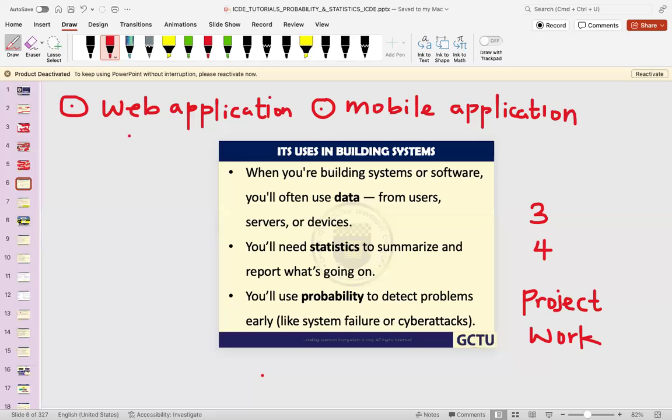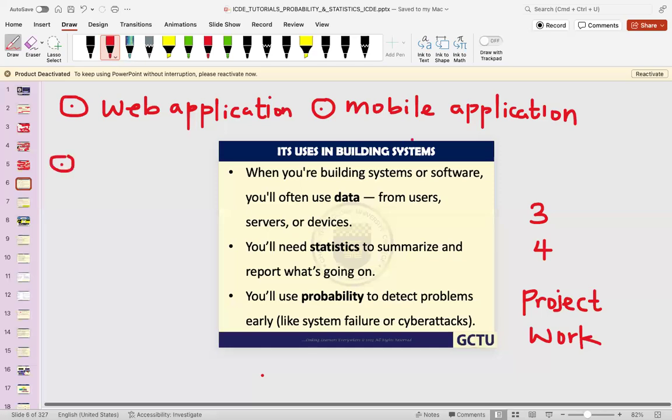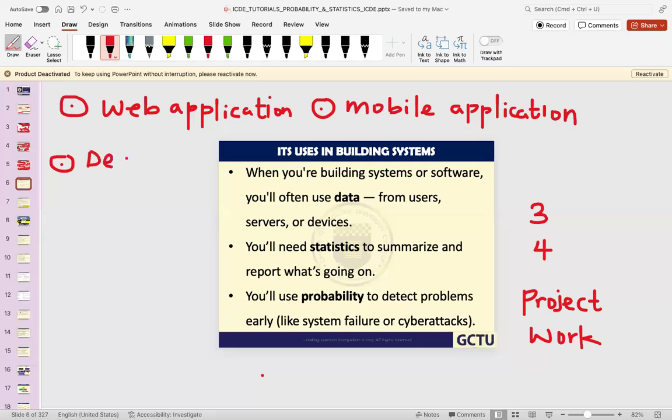And then finally, if you can't do any of these, either the web app or the mobile app, then you develop a desktop application, which is localized. So I'm just preparing your mind that you build a system as your project. So either web application, desktop application, and a mobile application.